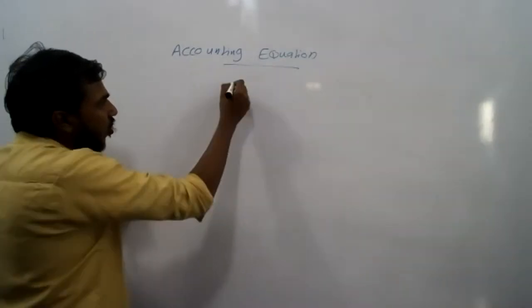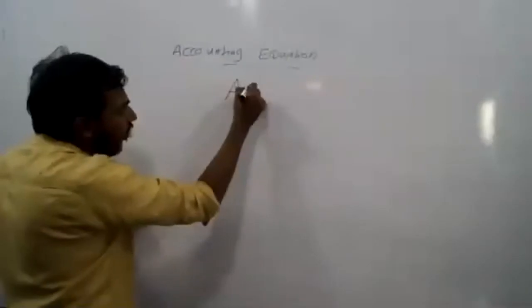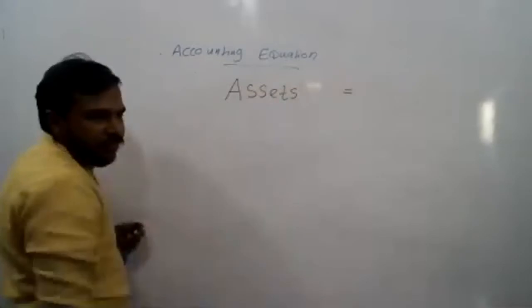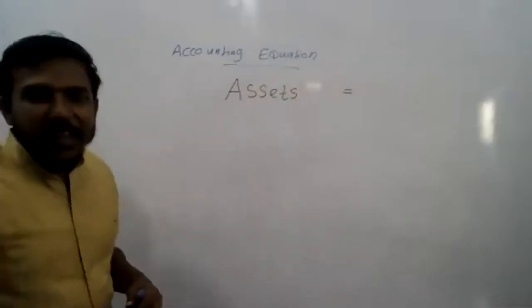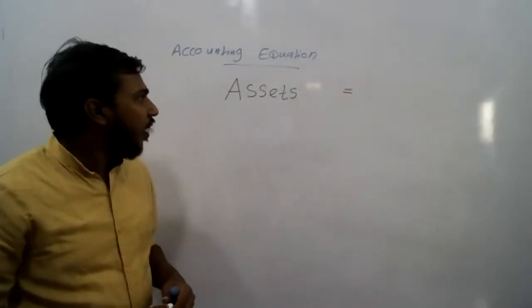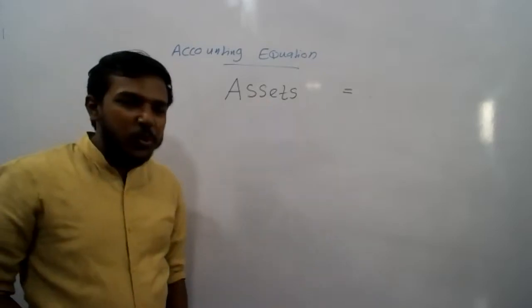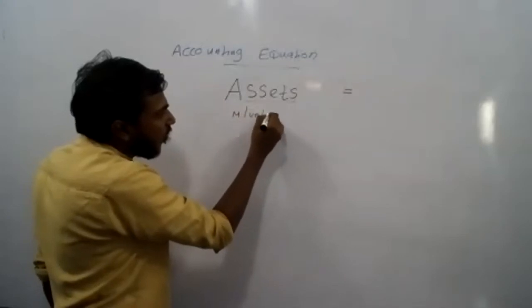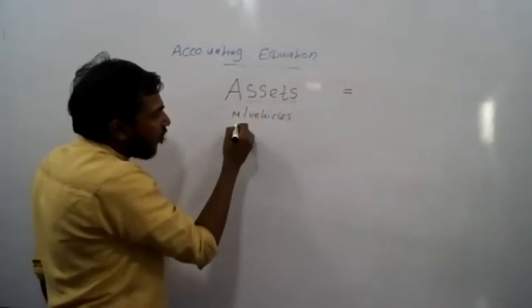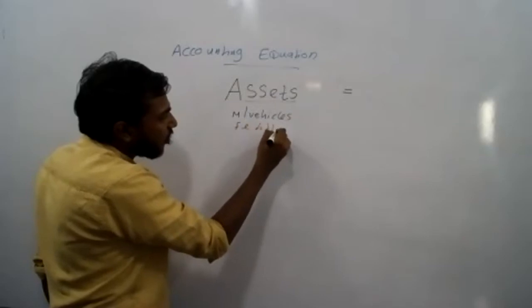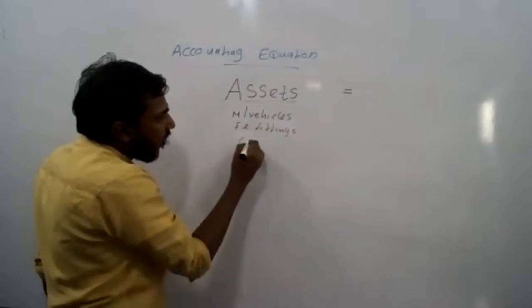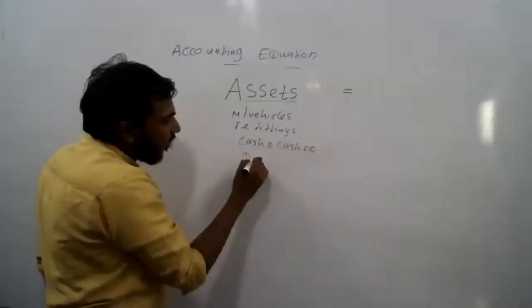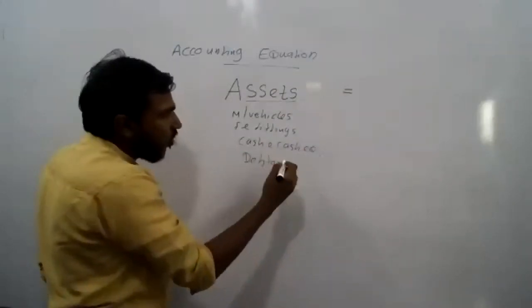Out of that, we take assets. Assets equals, right? Now we know what assets means: your motor vehicles, the business furniture and fittings, cash and cash equivalent, debtors. Those are the assets.